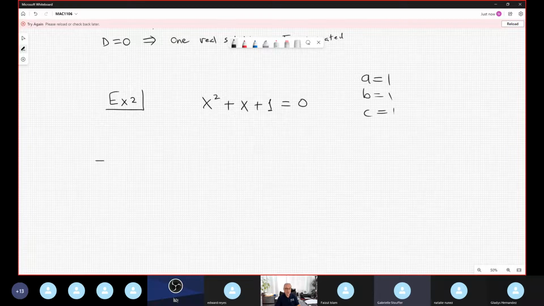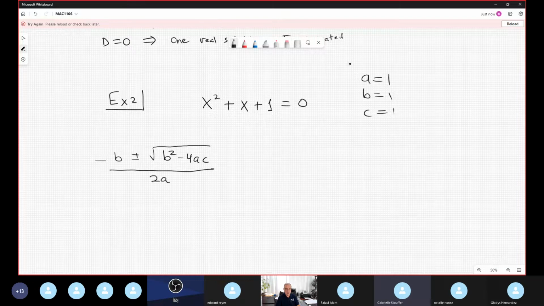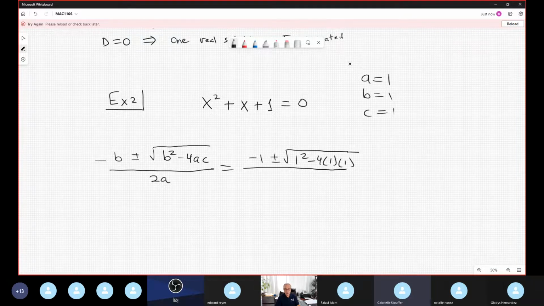Okay, I apply the formula one more time. I like to copy the formula one more time and use substitution. We replace the A, B, C by the corresponding numbers in our problem. Minus 1 plus or minus the square root of 1 squared minus 4 times 1 times 1, divided by 2 times 1.